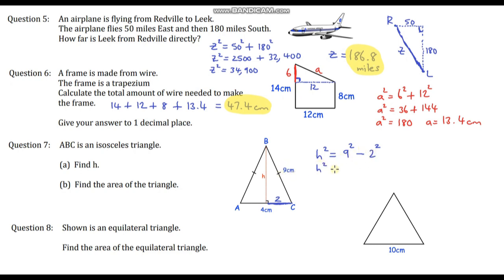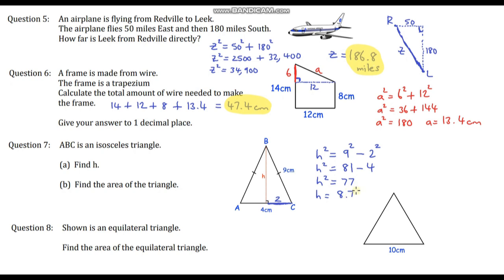Okay, so h squared is going to be equal to 9 squared, which is 81, subtract 2 squared, which is 4. So therefore, h squared is going to be equal to 77. So h is the square root of 77, which is 8.7. So let me round to 2 decimal places actually.